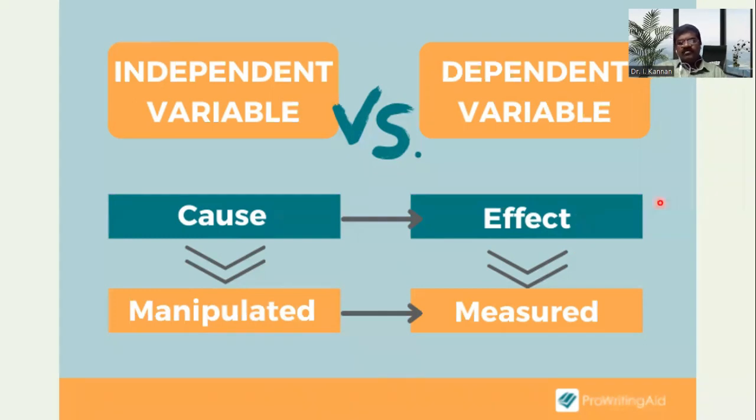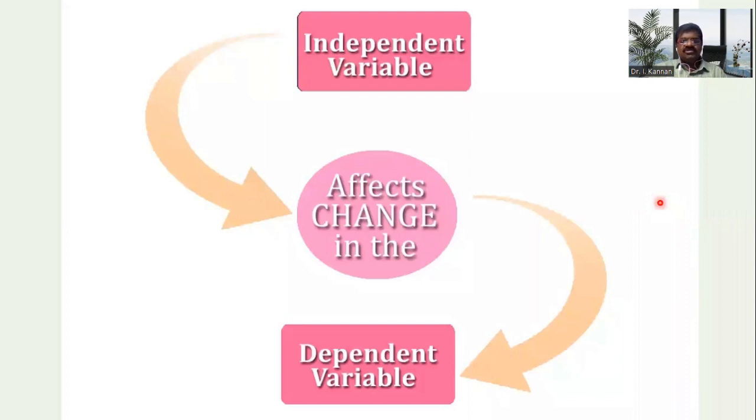So when you find out what all the variables are, you have to categorize whether each is an independent variable or a dependent variable. For your better understanding, the independent variable will affect the change in the dependent variable. This is the way you can identify the variables.